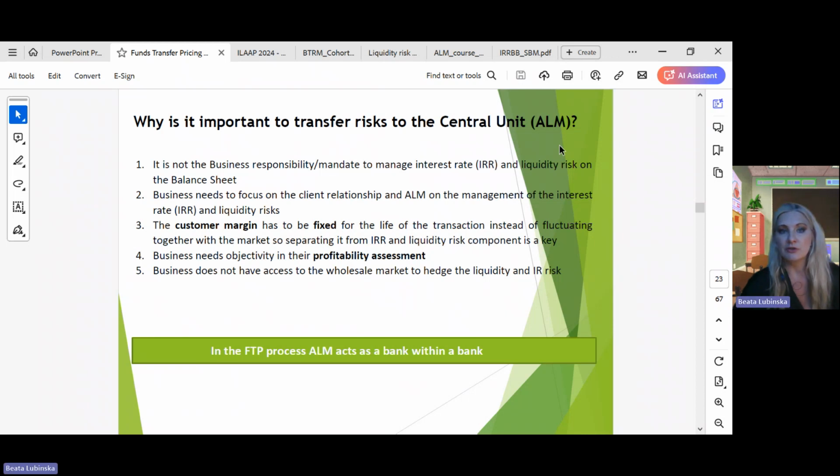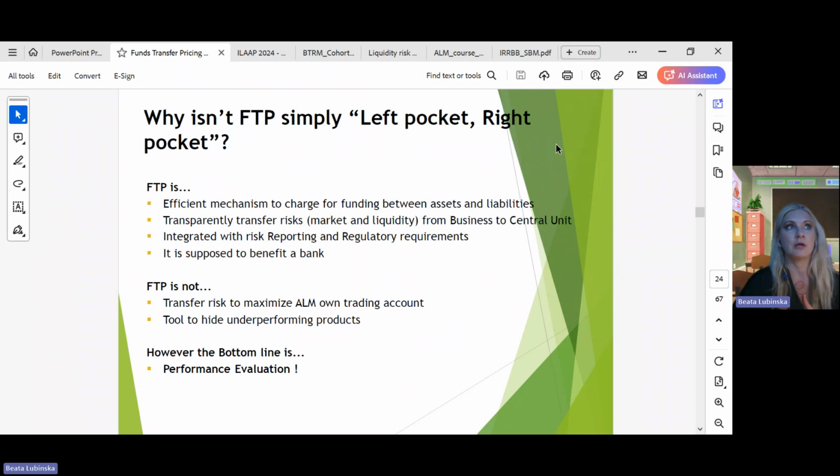And also there is this aspect which I wanted to bring. A business does not have access to the wholesale market to get funding. It's treasury or capital markets, it's treasury. So this is, in my view, the best model, which is working, and it is also advocated by the regulator.